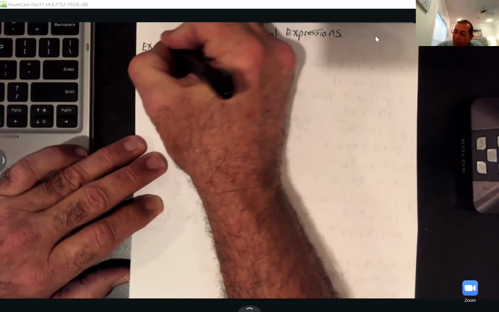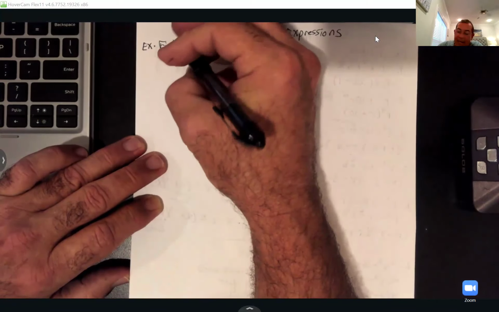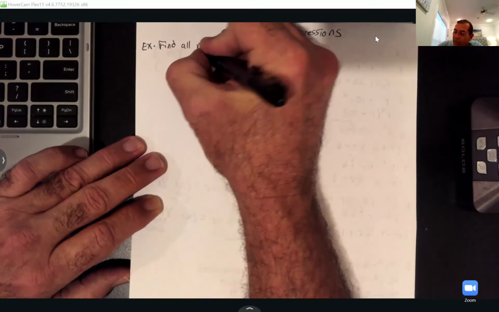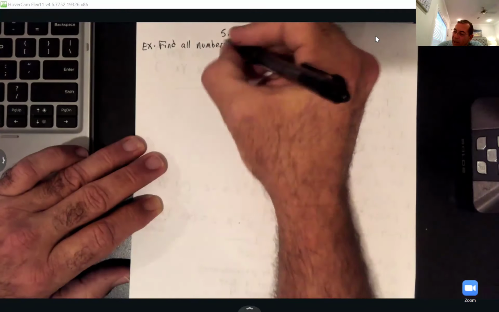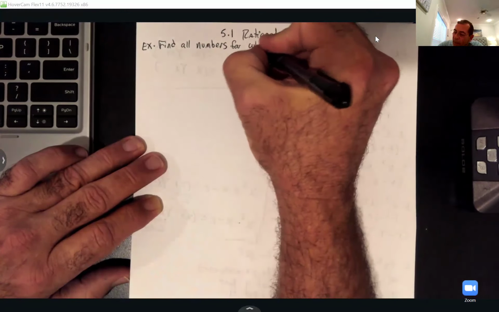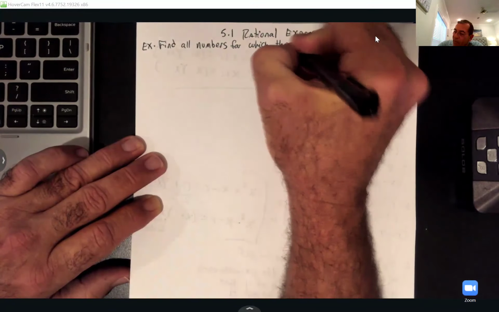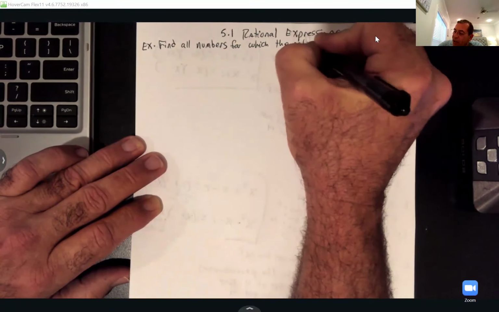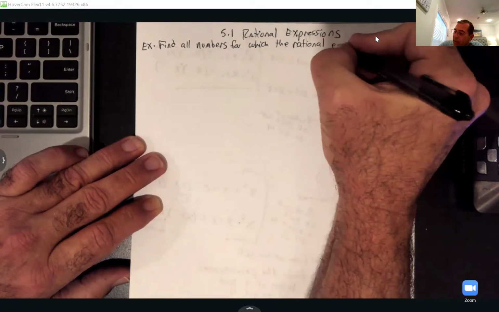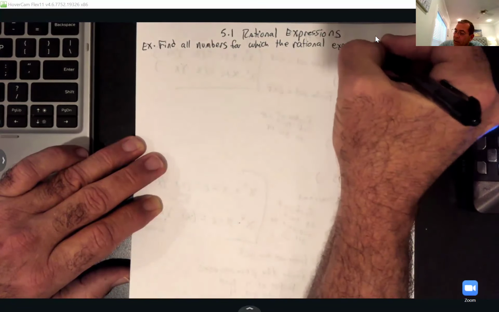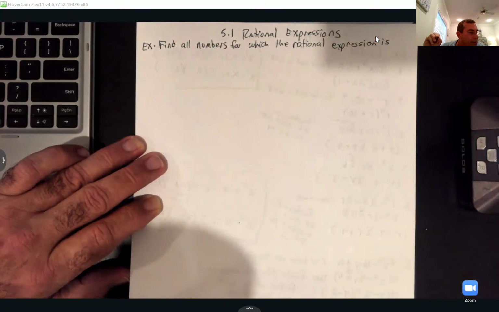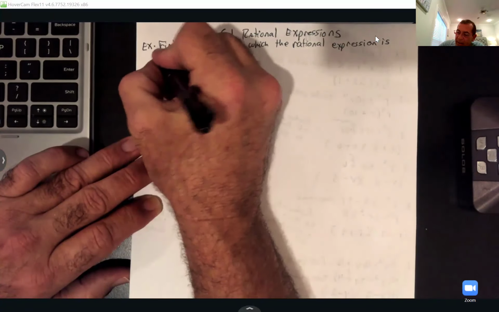Now, it's going to start out with 2 questions that say find all numbers for which the rational expression is not defined.